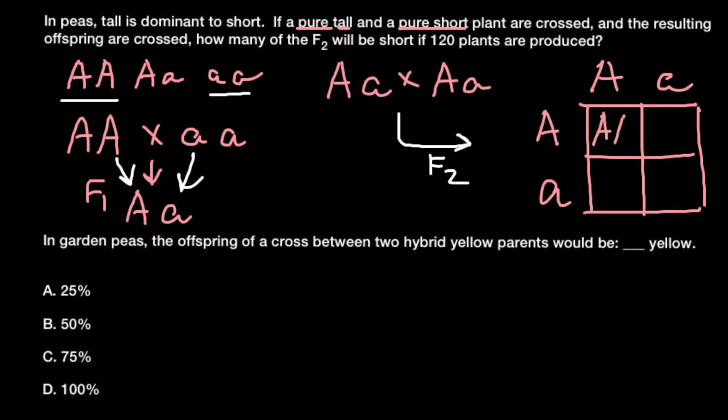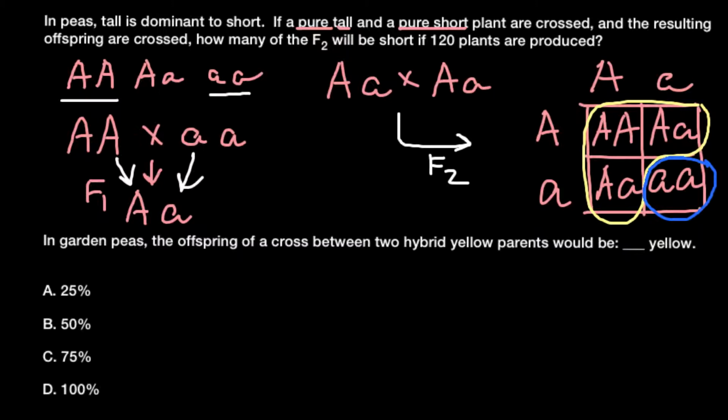So here we have capital A capital A, capital A small a, capital A small a, and small a small a. Three out of 4 would phenotypically be tall, and 1 out of 4 would be phenotypically short. This gives us 1/4 or 25%.